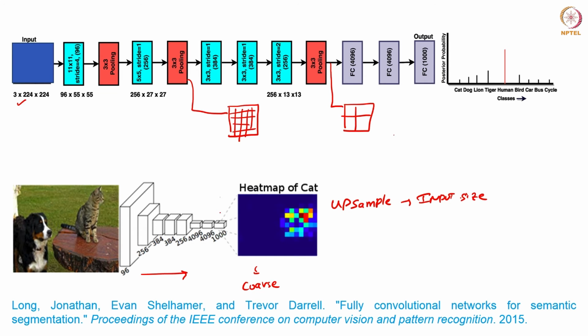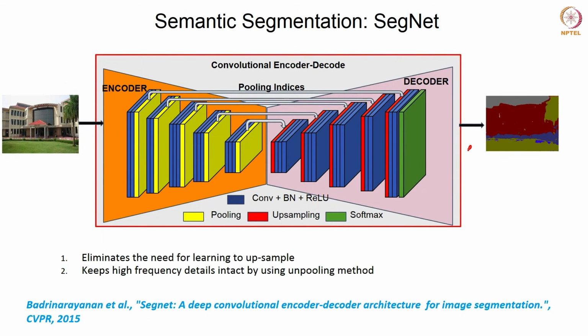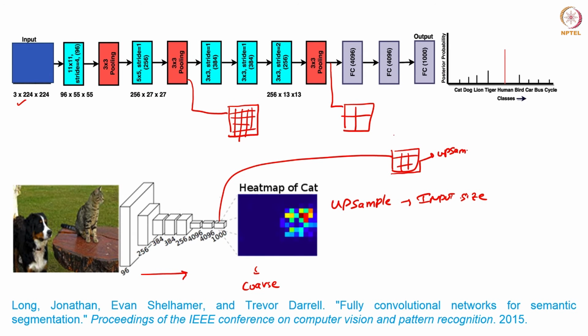And then we have the output from here, which again is of a particular resolution. So the idea is to upsample each of them and add.